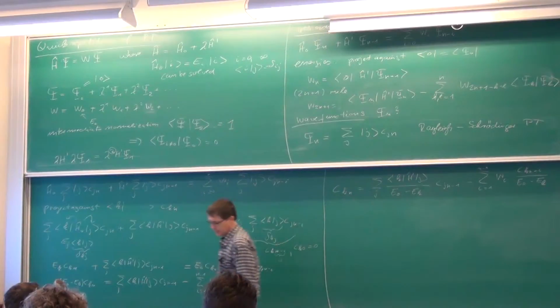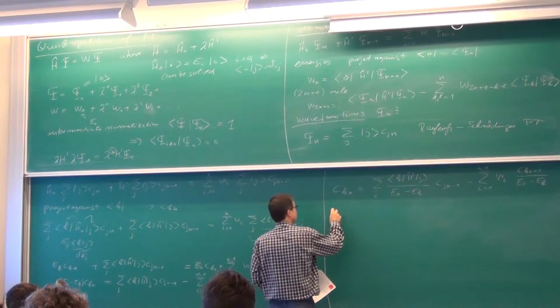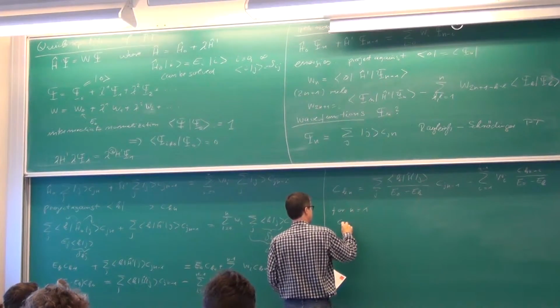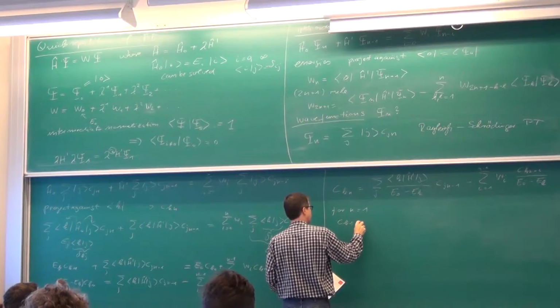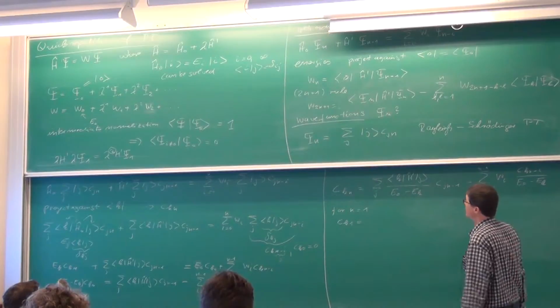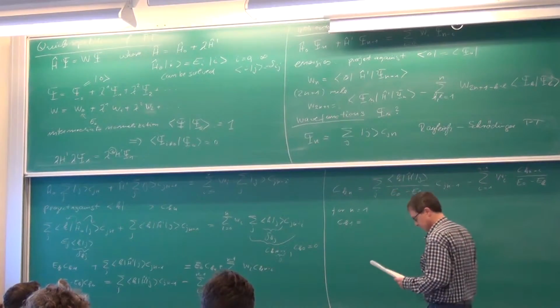So let's write that out for a few examples. For n equals 1, we would have the coefficient of the kth basis state, which is the kth 0th order state, to the first order wave function.